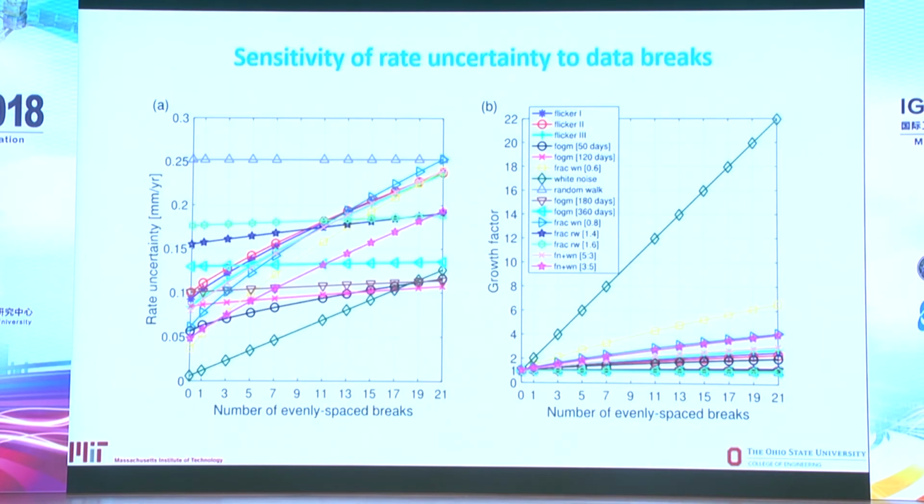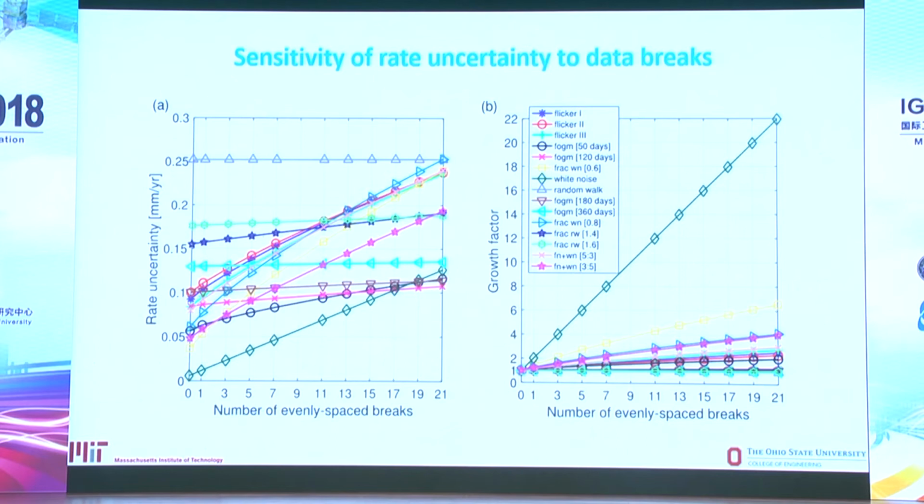When we have the covariance matrix for each of the models, then we can start to estimate the rate velocity by using the covariance matrix, and also by assuming different numbers of data breaks within the 10-year-long time series. So we gradually increase the number of data breaks from 0 to 21 and estimate the corresponding velocity uncertainty associated with each given number of data breaks.